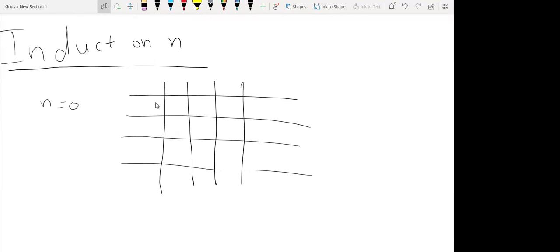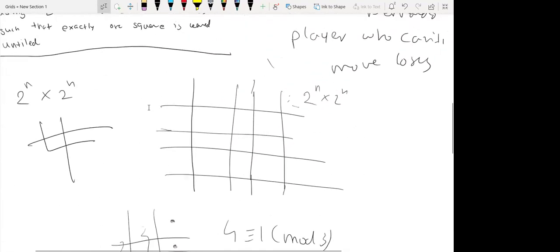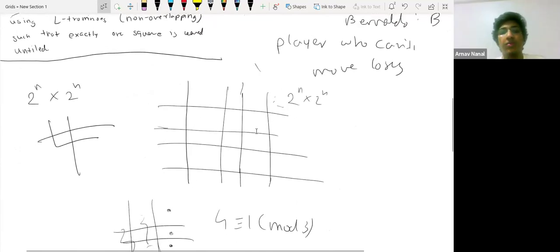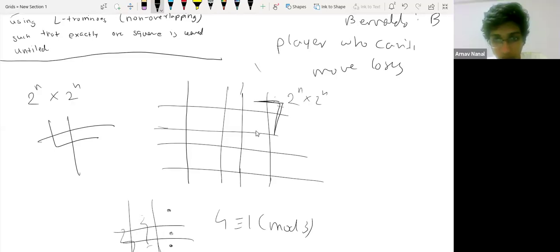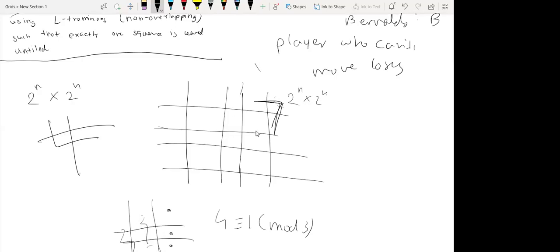Also, I want to make another observation to continue the idea of dividing the board into 25 squares. If we divide them into 25 squares and take a tromino of these squares, any three of these squares in the form of an L, these big 2^n by 2^n boards, then these three will not have a single empty space.